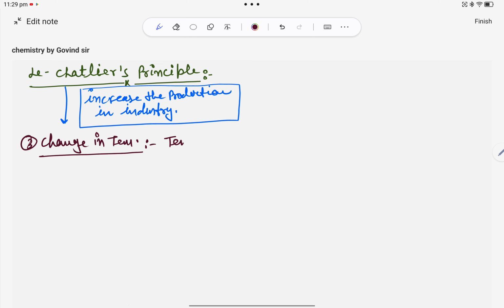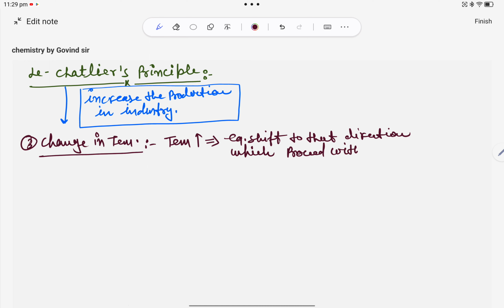So what is the rule? If you increase the temperature, then the equilibrium shifts to the direction which proceeds with absorption of heat.